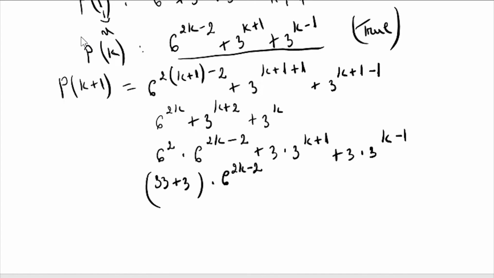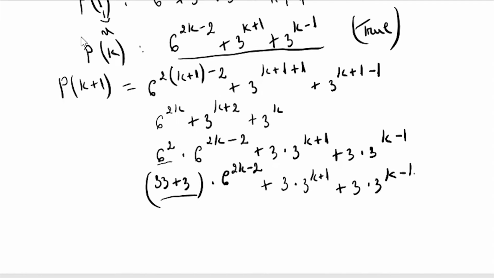In here, basically, I rewrite 6 to the power of 2 as 33 plus 3. So we go further, plus 3 multiplied with 3 to the power of k plus 1 plus 3 multiplied with 3 to the power of k minus 1.